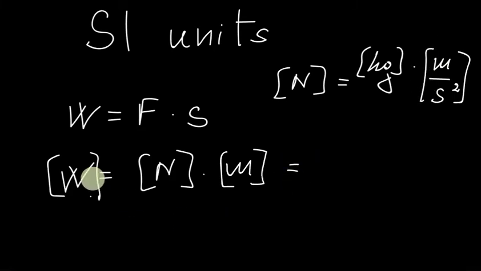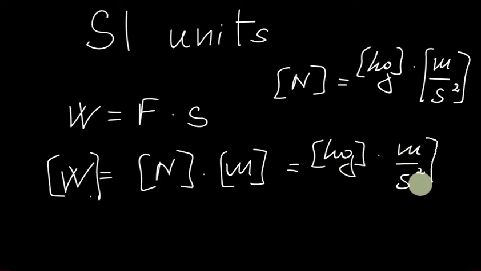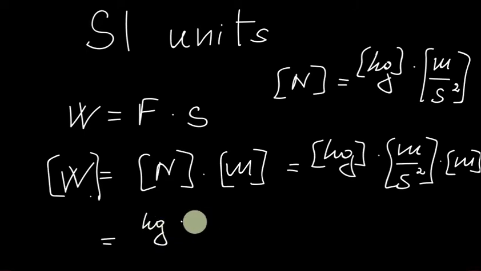So this would be equal to kilograms times meters per second square times meters. And this would give us kilograms times meters square over a second square.